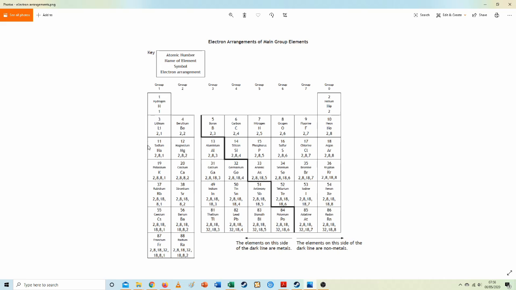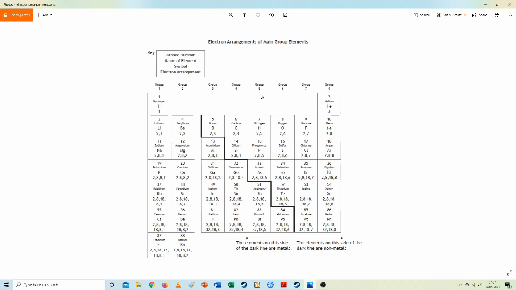So when we're speaking about valency, what we mean is how many bonds any element can actually make. So for example, oxygen is in group 6. It's got 6 outer electrons and it can make 2 bonds. So its valency is 2. The valency of group 1 is 1, group 2 is 2, group 3 is 3, group 4 is 4.